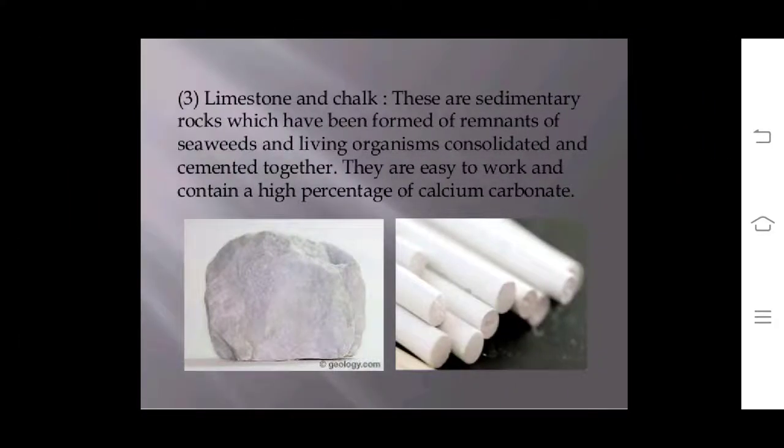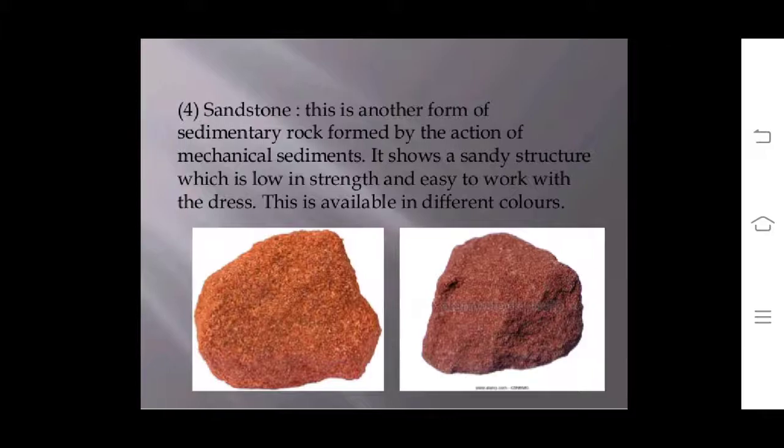Limestone and chalk. These are sedimentary rocks which have been formed of remnants of seaweeds and living organisms consolidated and cemented together. They are easy to work and contain a high percentage of calcium carbonate.